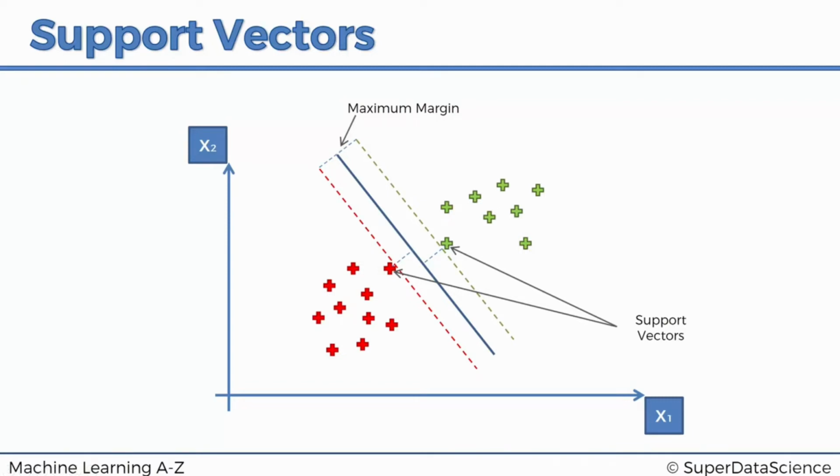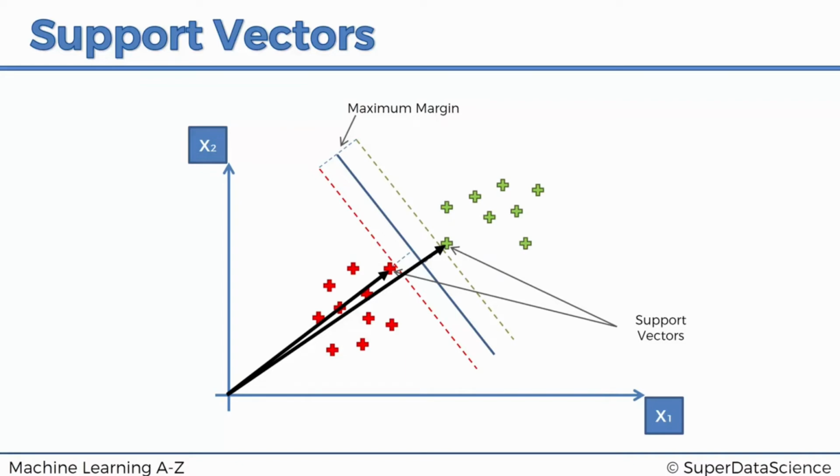You can call them supporting points, but in reality they're vectors, and this is why. Because in a multi-dimensional space, when you have more than just 2 variables, you can have 3, 5, 10, 100 variables. Each point is actually no longer a point because you can't visualize it on a 2-dimensional plane or even a 3-dimensional space, and therefore each of those points that we see here is actually a vector in a multi-dimensional space.